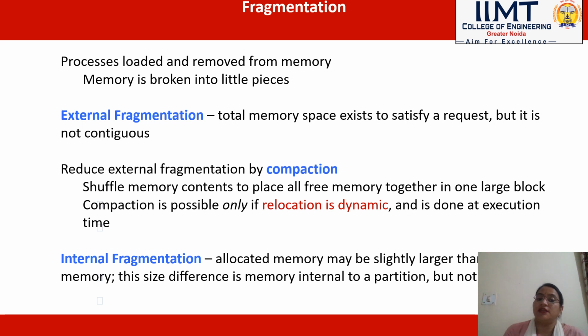We can reduce external fragmentation by compaction: shuffle memory contents to place all free memory together in one larger block. Compaction is possible only if relocation is dynamic and is done at execution time. In internal fragmentation, allocated memory may be slightly larger than requested memory, and this size difference is memory internal to a partition but not being used.